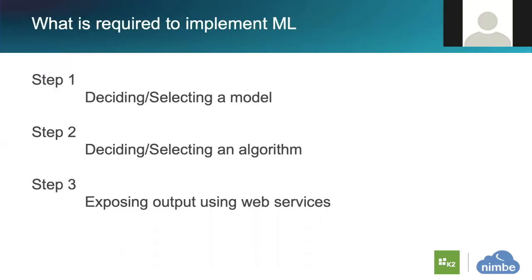So what is involved in a typical implementation of machine learning? The first step is deciding and selecting a model. Taking a basic example of, let's say, you want to categorize news articles, or you want to categorize an incoming document. The first thing you have to think about is, how are you going to represent that document?